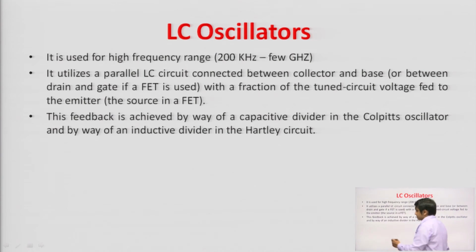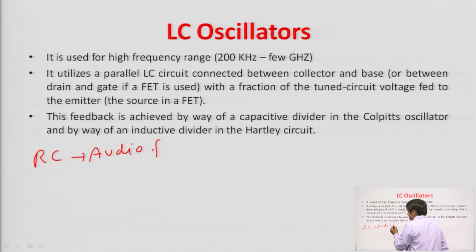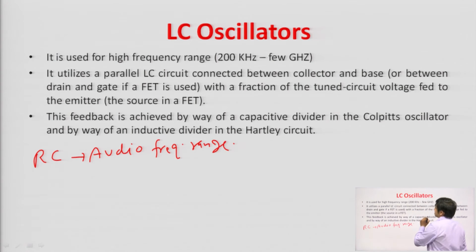RC oscillators are used for low frequency, especially the audio frequency range, and LC oscillators are used for high frequency range, normally from 200 kilohertz to a few gigahertz.